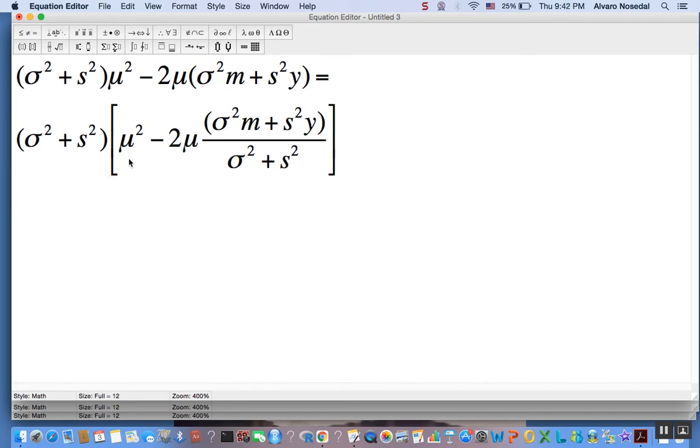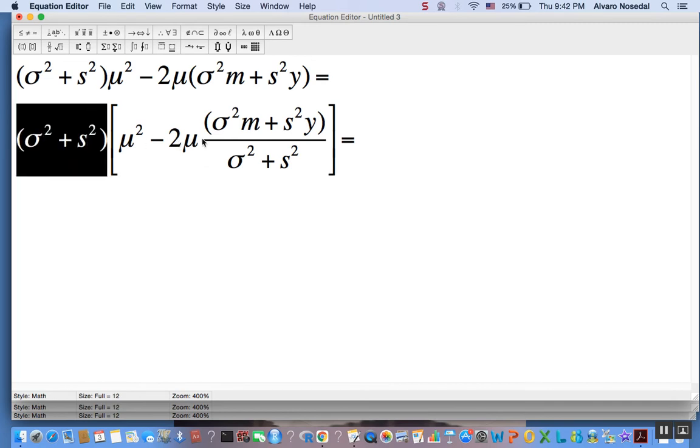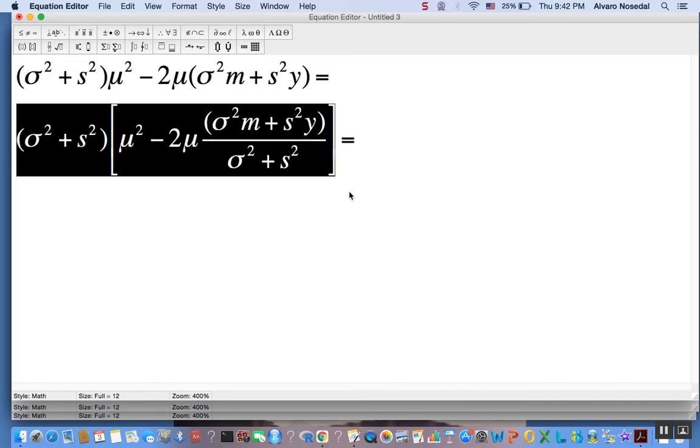Okay. Now, note that what we would like to have here is to complete the square. Okay? So this would be the first term. Mu minus something squared is what we want. So mu minus, this would be the something that we need squared, to complete that square. So I'm going to be adding a 0, okay?